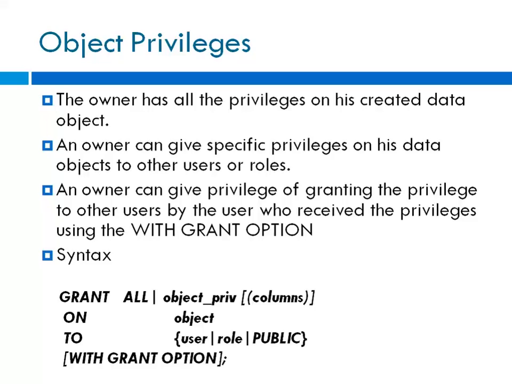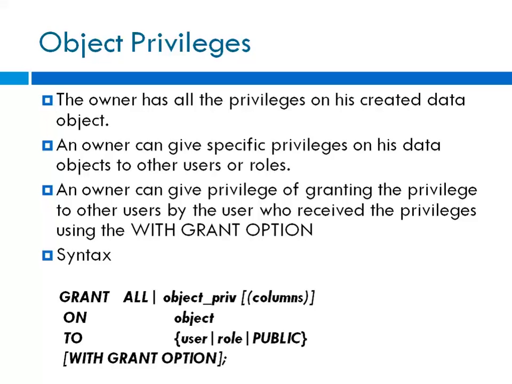Here the object can be the view, the table or the procedure. Then after to, you have to give the user's name or the role, or you can give public. Public is the keyword meaning that whoever exists in the database, either as roles or users, they all will have these privileges on the data objects defined in the second line.